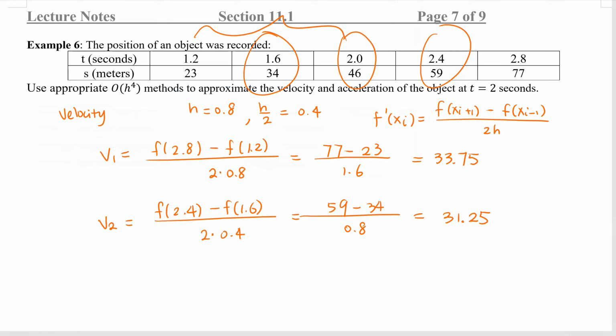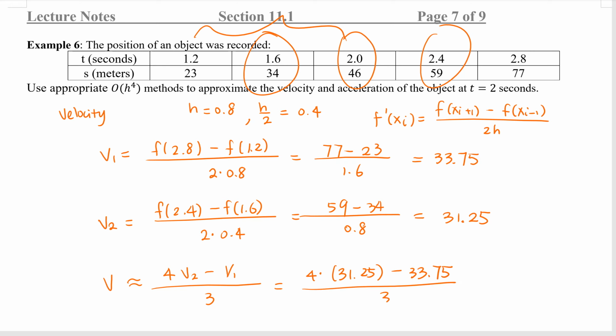Then we can use the Richardson extrapolation method to get the fourth order approximation. So V is then, remember, 4 minus 1 equals 3, right? Before we used the later approximation V2, and here we use the bigger step size approximation. So we have 4 times 31.25 minus 33.75 all over 3. Okay, let's see what it is.